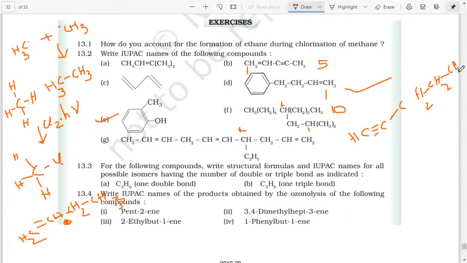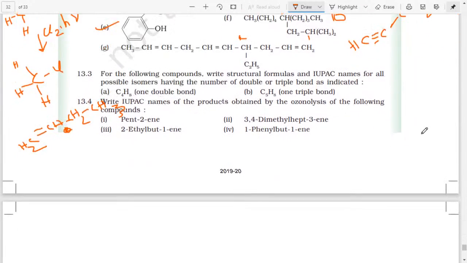Yes, CH3, I can write here. So this is pent-1-yne. If the triple bond is written here, it is pent-2-yne, or I can write this methyl group on this carbon, it is going to be 3-methylbut-1-yne. So 3 structures are possible.